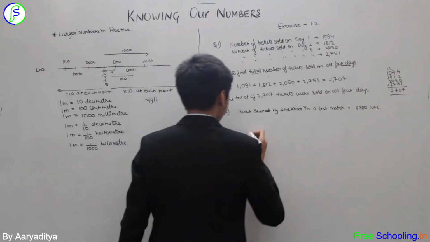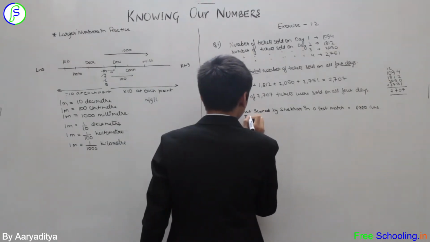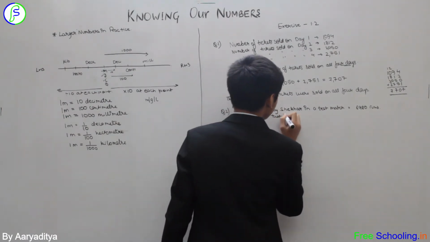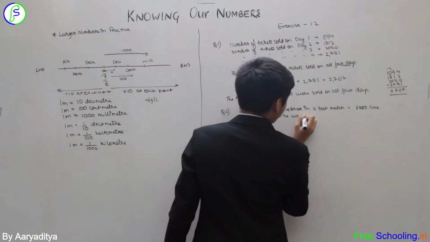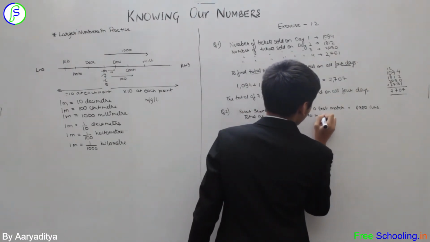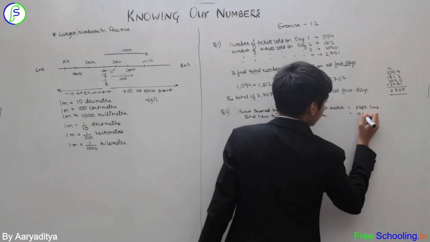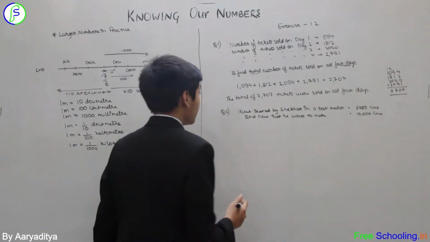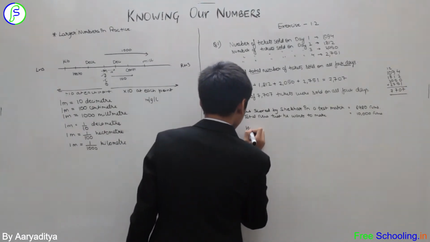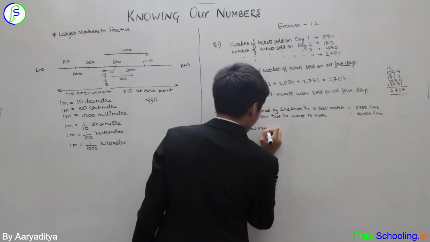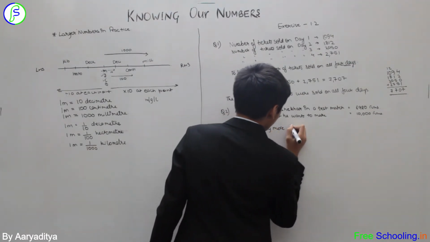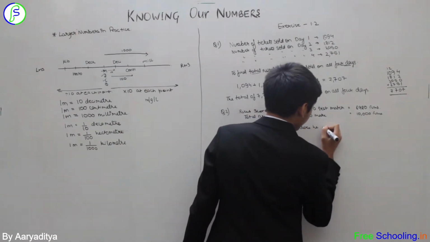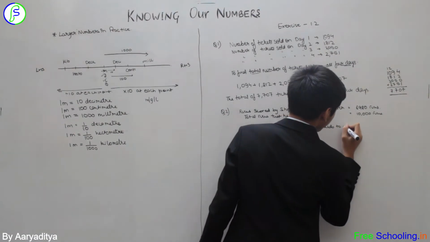Okay, now total runs that he wants to make. How many runs does he want to make? He wants to make 10,000 runs. Okay, so question asks that how many more runs does he need to make?